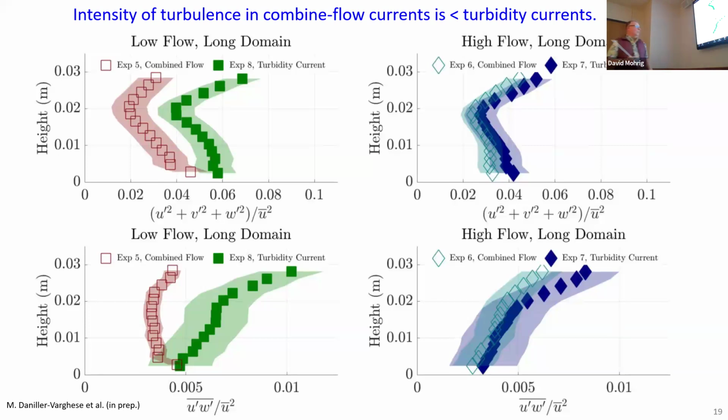So it's another way to characterize how turbulent these systems are. And again, the open symbols are the combined flow, and the closed symbols are the turbidity current alone, and they're always normalized by their respective mean velocities. And again, they're less turbulent. So we're moving sediment further with less turbulence to do it.